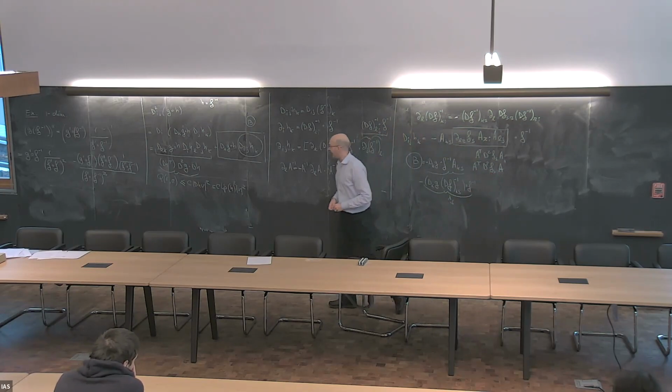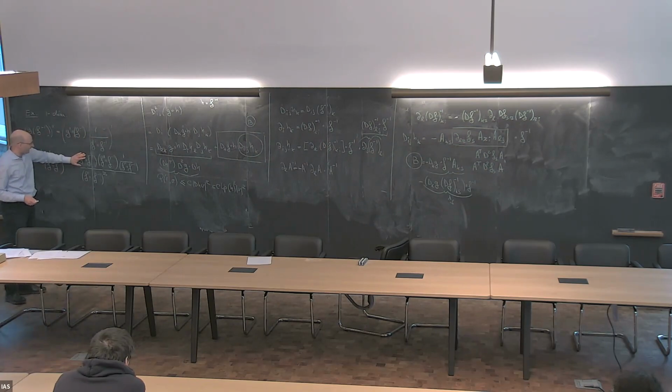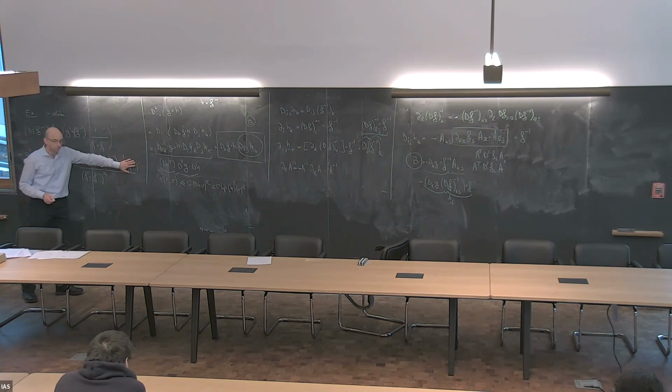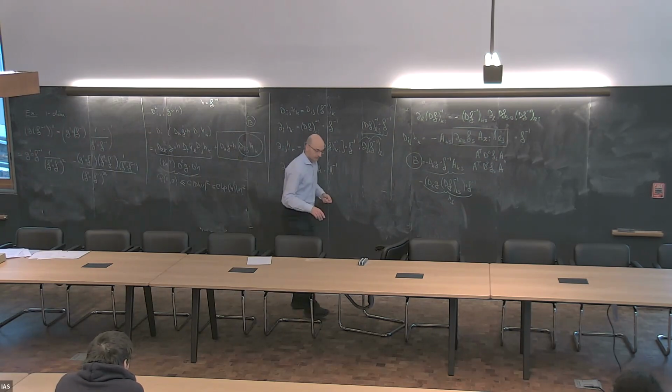Now it's exactly the algebraic counterpart of having G prime composed F to the minus 1 times F prime composed F to the minus 1, changing sign. Now I have to show you that that is the case.